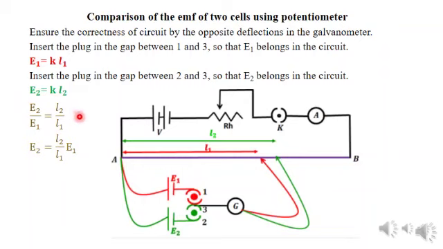If we know the EMF of one cell, we can write the above formula as E2 equal to L2 divided by L1 into E1. After measuring balancing lengths L1 and L2, and knowing the value of E1, we can find the unknown value E2 by using this formula.